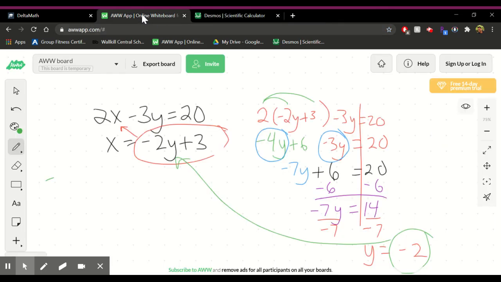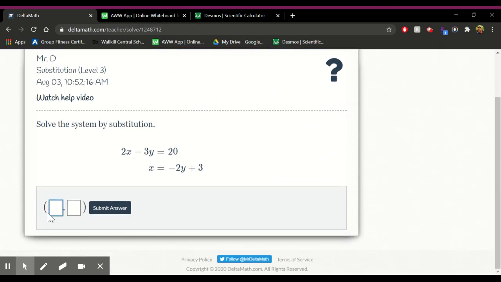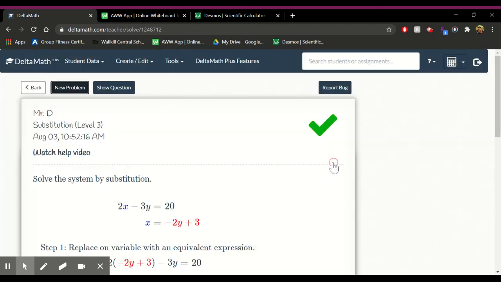So my x is going to equal 7. So my answer is 7, negative 2. There we go. And we're done.